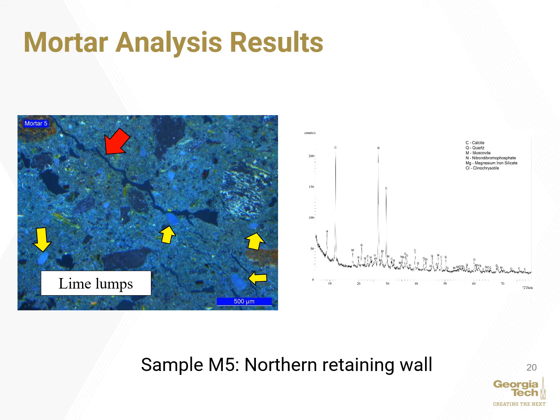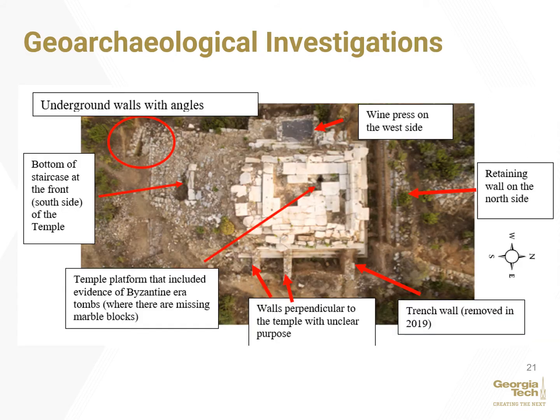So when all the differences in mortar composition are evaluated together with the difference in workmanship of the wall, it may be concluded that the retaining wall was constructed at a different time, or at least using a different technique for other reasons.